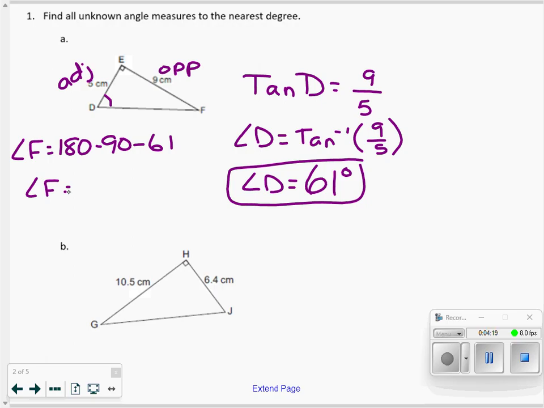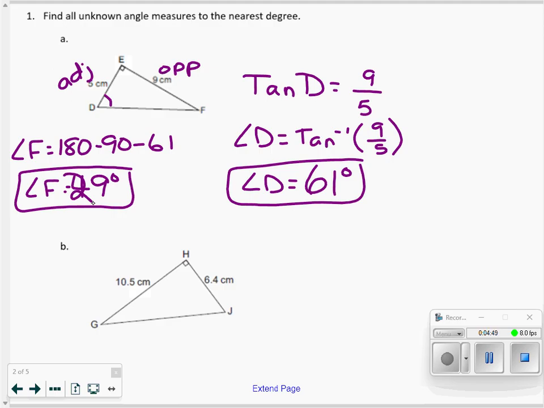But those two angles need to add to 90. What do you get when you go 90 take away 61? 49. That's what I thought. Not bad.